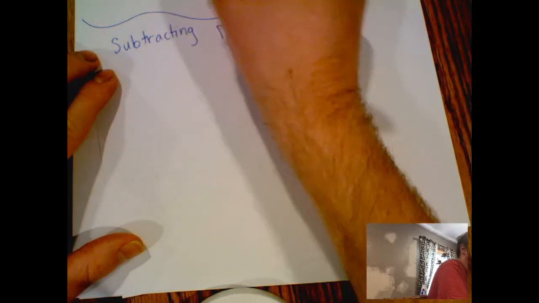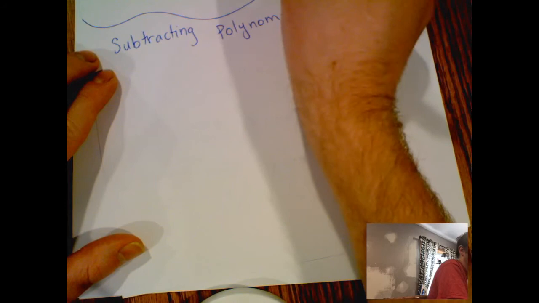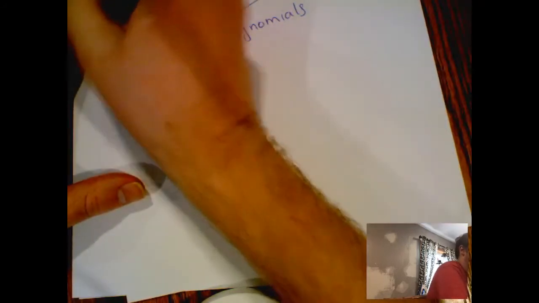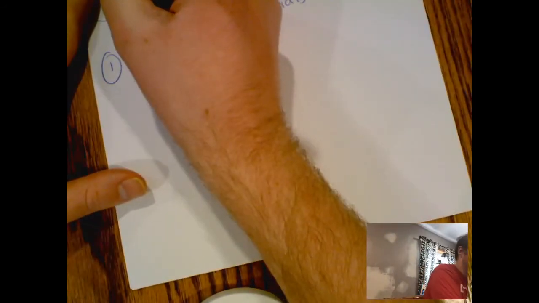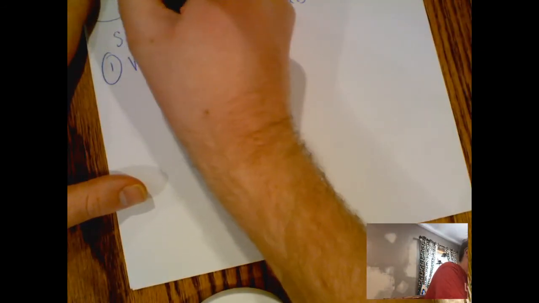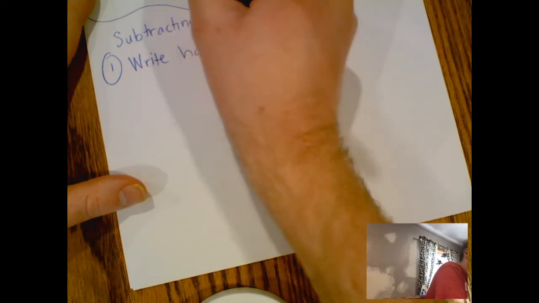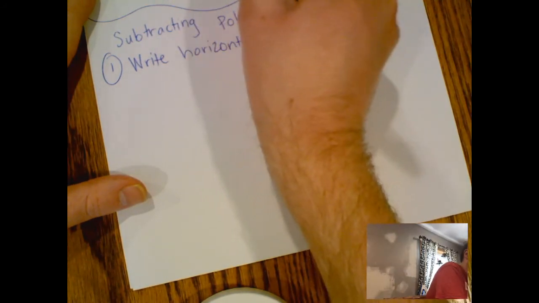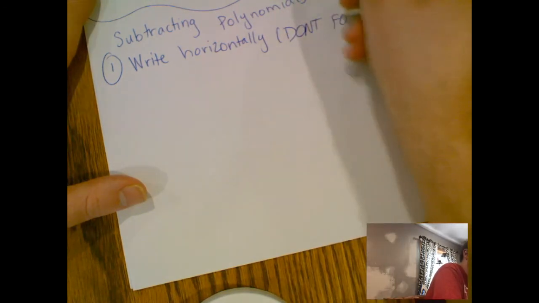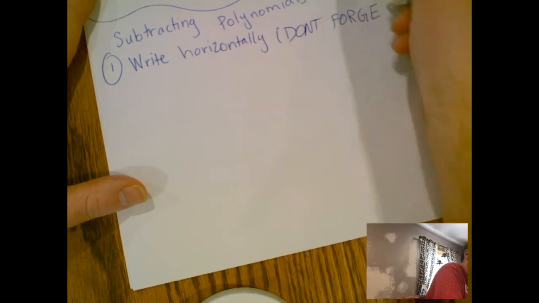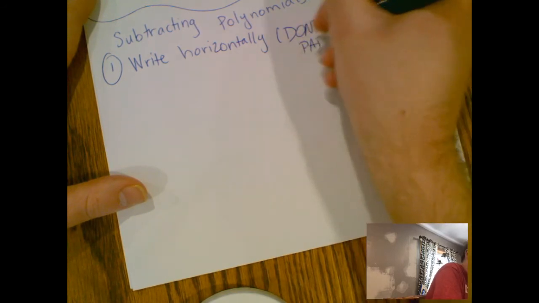But here, we have one more thing to talk about, and that is subtracting. Subtracting polynomials. Okay, first step in how to subtract polynomials is to write horizontally again. But my big note is here, don't forget parentheses.